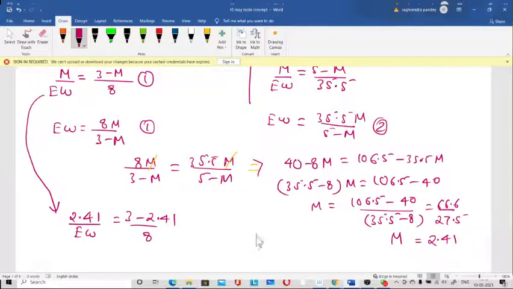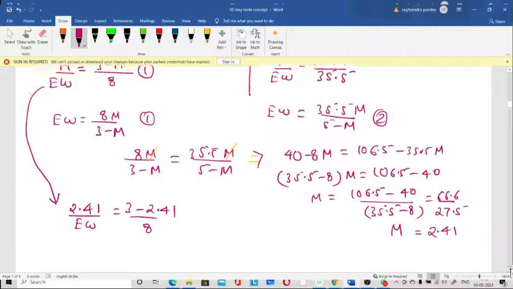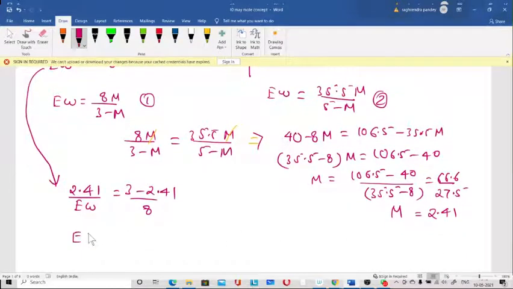So what is the answer you are getting? What is the equivalent weight? Somewhere around 32.6. How much? 32.46.